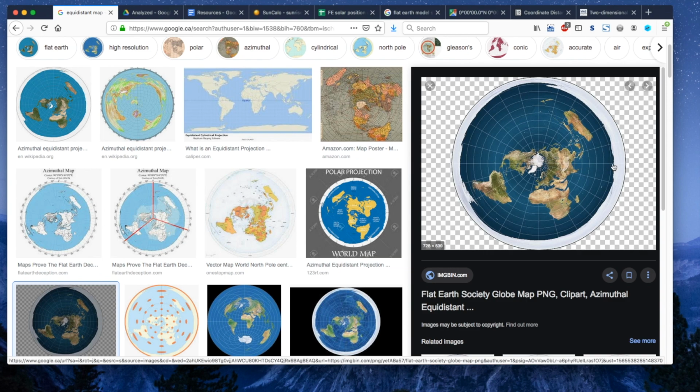That way, any longitude in a negative direction would be calculated as an angle in this direction, and any longitude greater than 0 would be applied in this direction. The latitude would be the radius from the center of the map. 90 would be halfway, 180 would be the full distance.